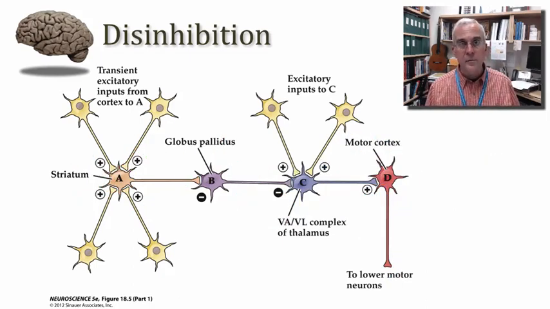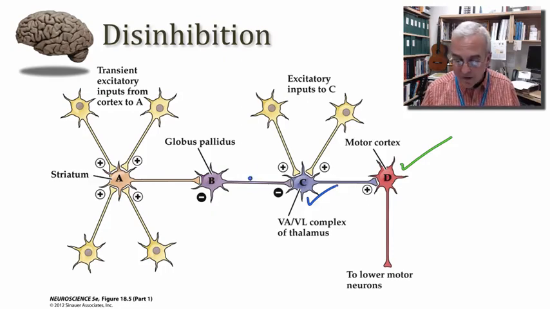So I'll give you just another moment to look at this figure and consider how this works. And again, the key feature here is to recognize that if the functional goal is to trigger activity in the motor cortex, what is necessary then is to remove the inhibition on the thalamic projection to the cortex.